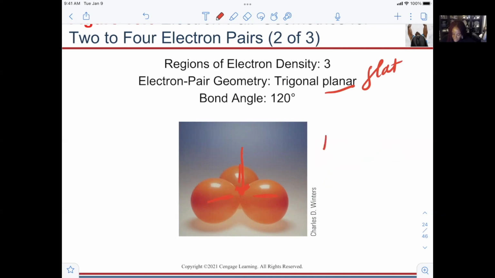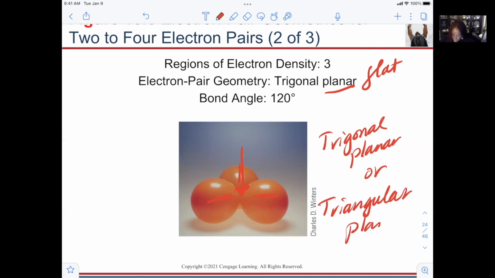The name, once again, is trigonal planar, or triangular planar. Okay, that describes 3 electron groups that are flat. When you look at them on the side, the center is right in the middle, and then you have these 3 bonds coming from the center.